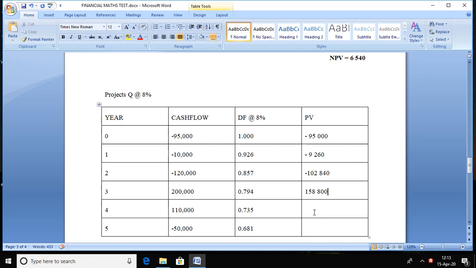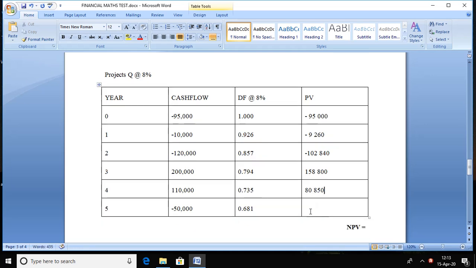The next one is 80,50. And the last one, when you multiply, you should get 34,050. So that's a negative as well. Please be mindful of the negative values. So positive values minus the negative values, you should get your NPV of minus 1,500. So NPV at 8% for project Q shows a loss.